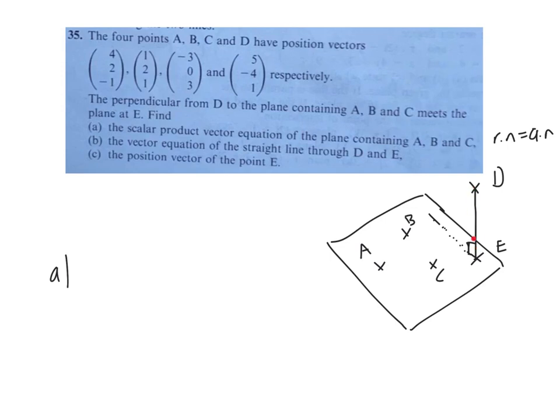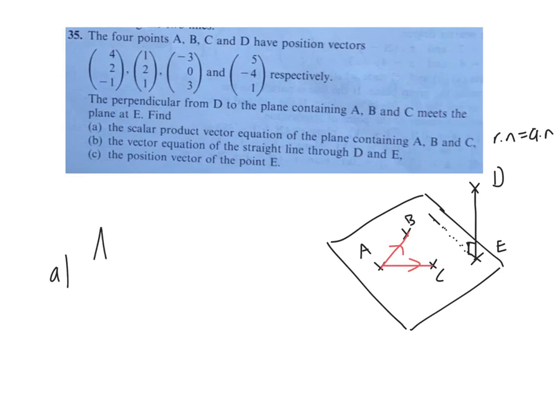Now we don't know what E is, so we don't know what this vector DE is, so we can't use that. So how do we get a vector that is normal to the plane? Well, if you do the cross product of two vectors on the plane, you will get a vector that is normal to the plane. So we're going to look at AB and AC.